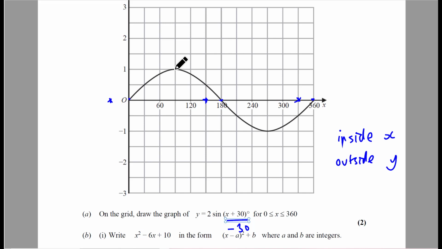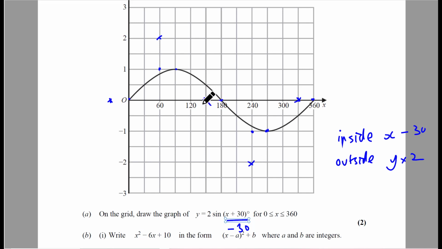But here, when y has a value of 1, you can see it's on the outside, because we've got to times that by 2, right? And the x's we're going to minus by 30. So this will stay here. This point will go to this point, but it's multiplied by 2, so 1 times 2. This will now come here. Right, so here, minus 30 will go here, but we've got to times it by 2, so that's going to stretch there.